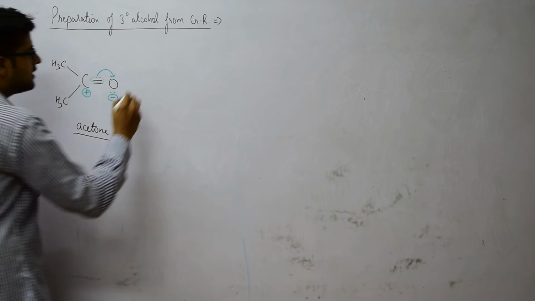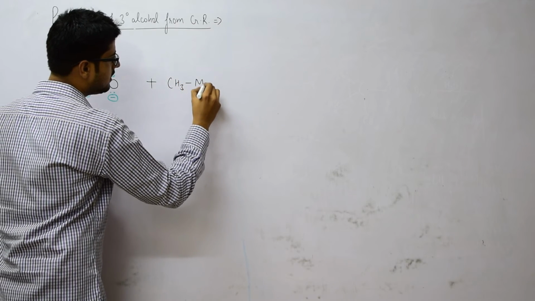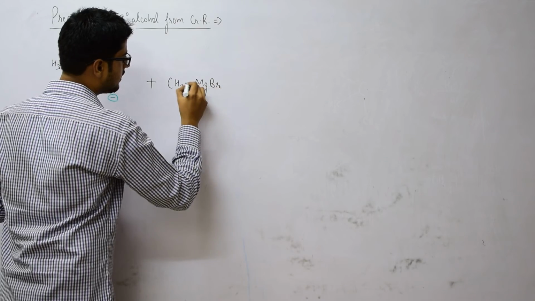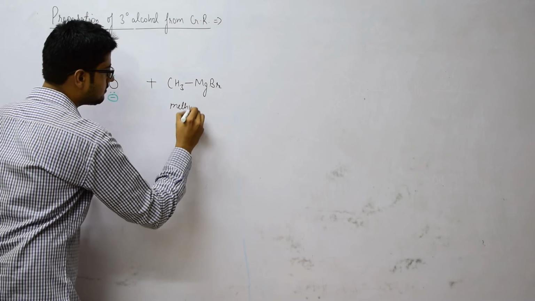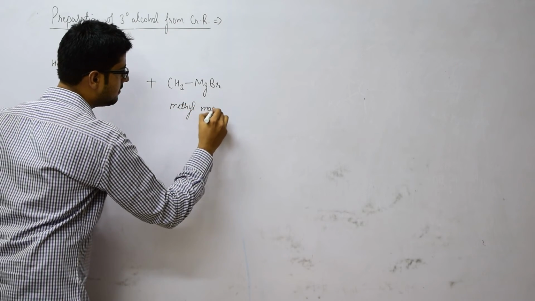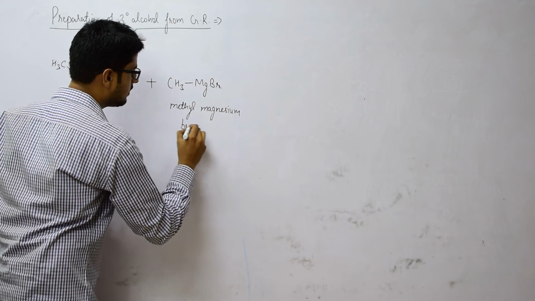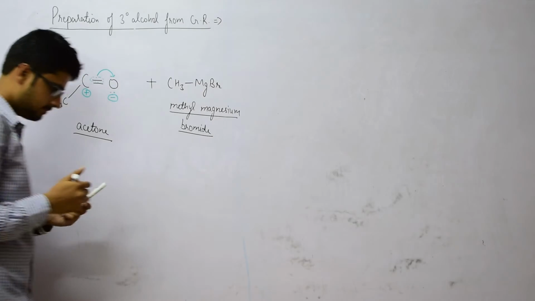So it is treated with CH3MgBr, which is our Grignard reagent, called methyl magnesium bromide.